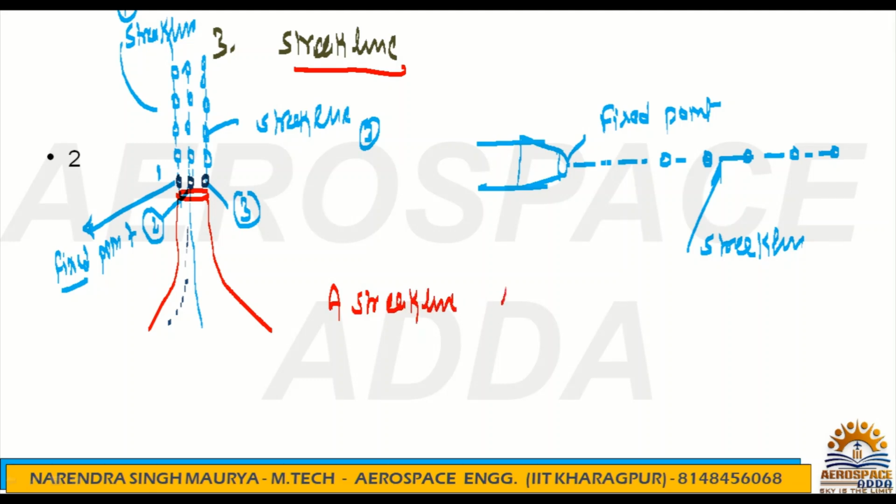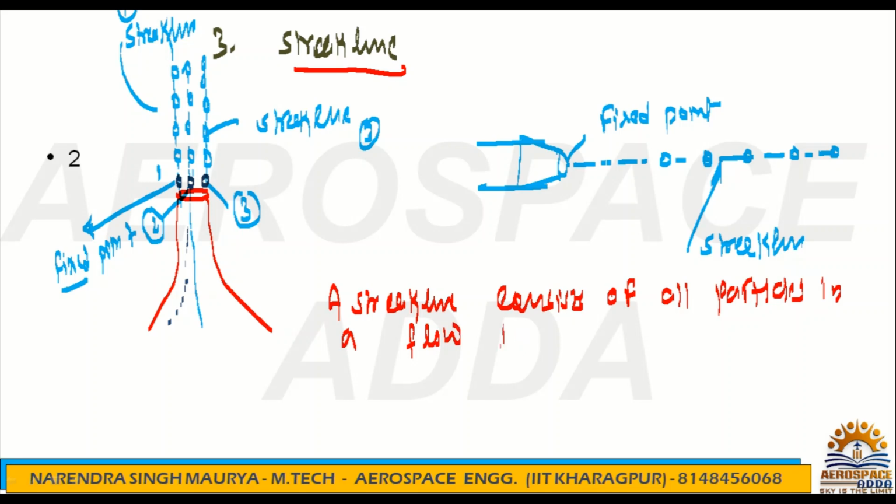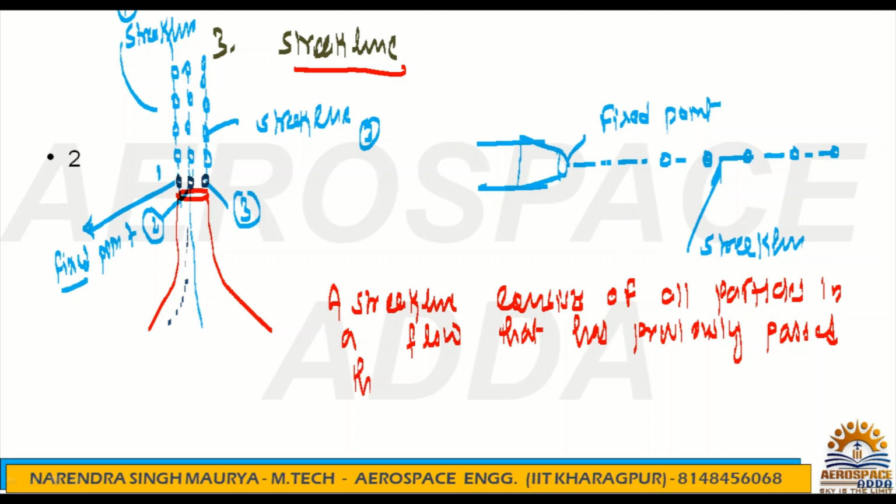A streak line consists of all particles in a flow that have previously passed through a common point, or through a fixed point. Okay, through a fixed point. So this is the first point you got.